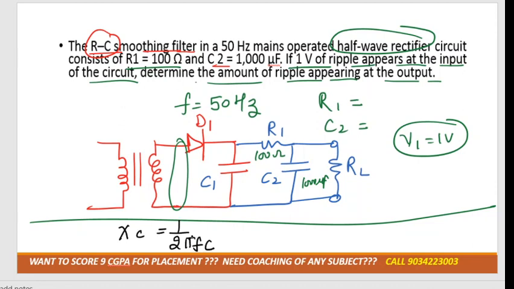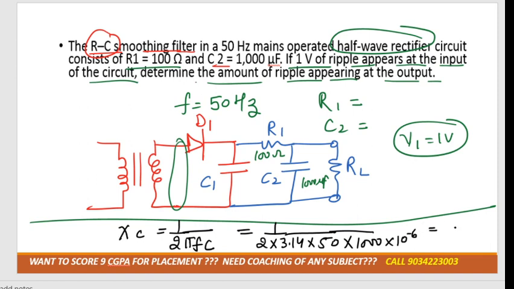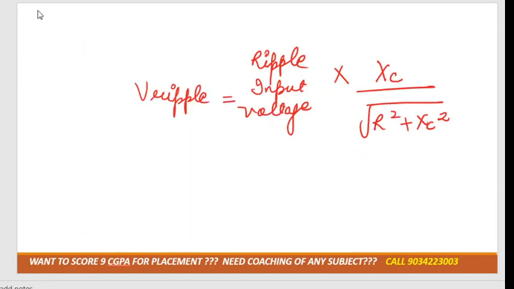Remember the formula, Xc is equal to how much? 1 by 2 pi f C. So 1 is there, 2 is there, 3.14, the frequency they have mentioned, that is 50 hertz, and the capacitance they have mentioned, that is 1000 microfarad, so it would be 1000 into 10 raised to power minus 6. If we solve it further, we get 3.18 ohm. Got it? Now we can put the values over here.